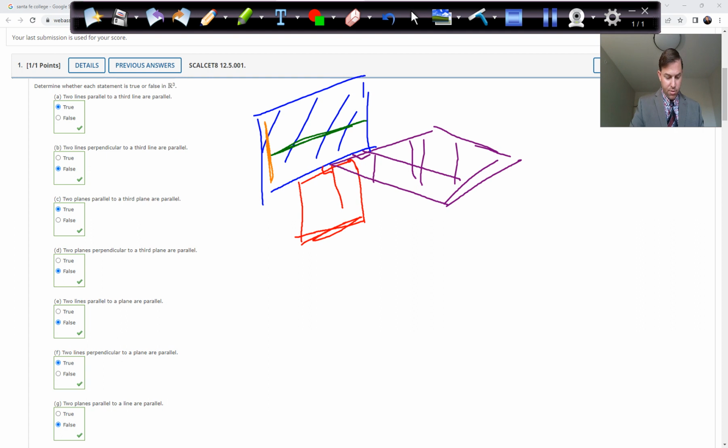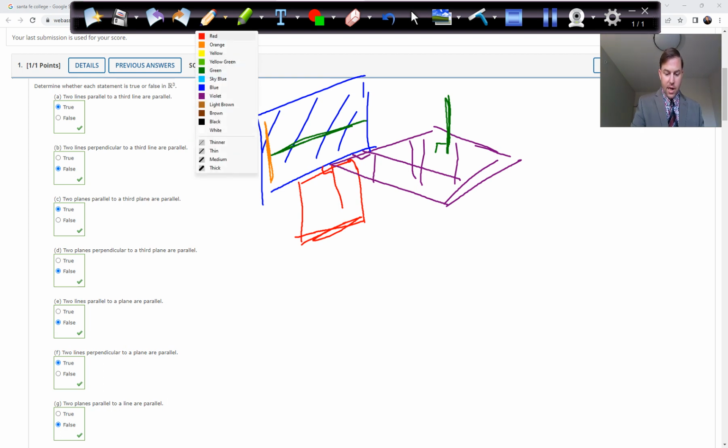Two lines perpendicular to a plane are parallel. Okay, so let's use purple. That could be easy. So here's the purple plane. Anything perpendicular to it, let's say we'll go straight up. So there's a perpendicular line to the purple plane.